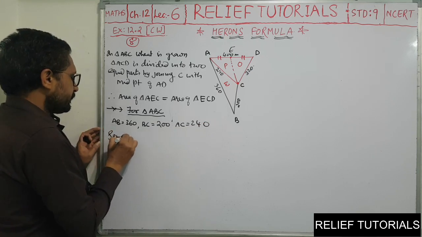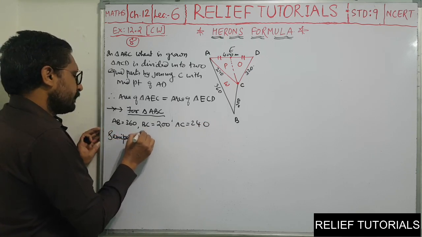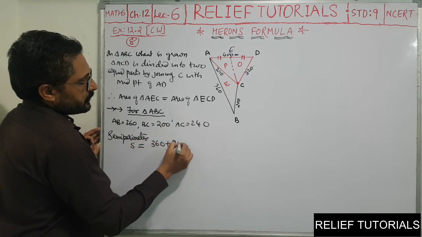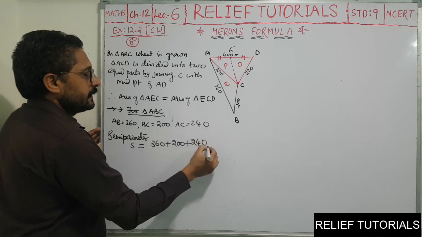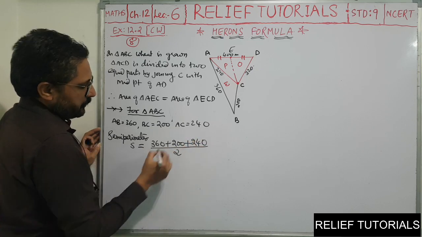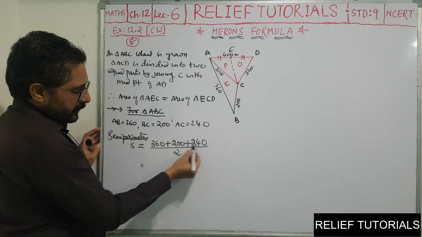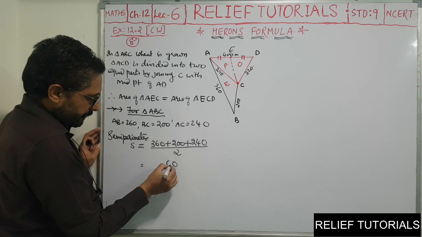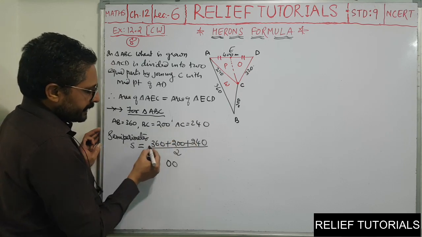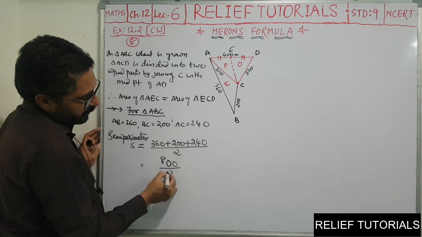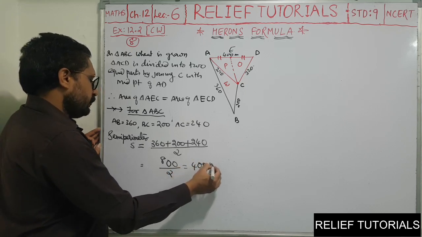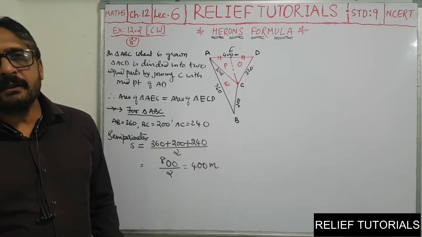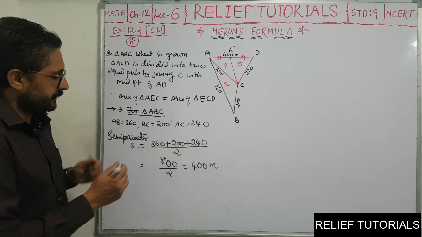Now semi-perimeter S is equal to (360 plus 200 plus 240) divided by 2. Adding, we get 800 upon 2, so that is equal to 400 meters. In this way we got the semi-perimeter. Now you will find the area.